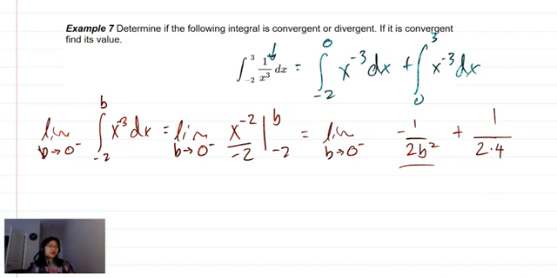But what happens here? If we're looking at 1 over 0, that's undefined, but it's going towards infinity.